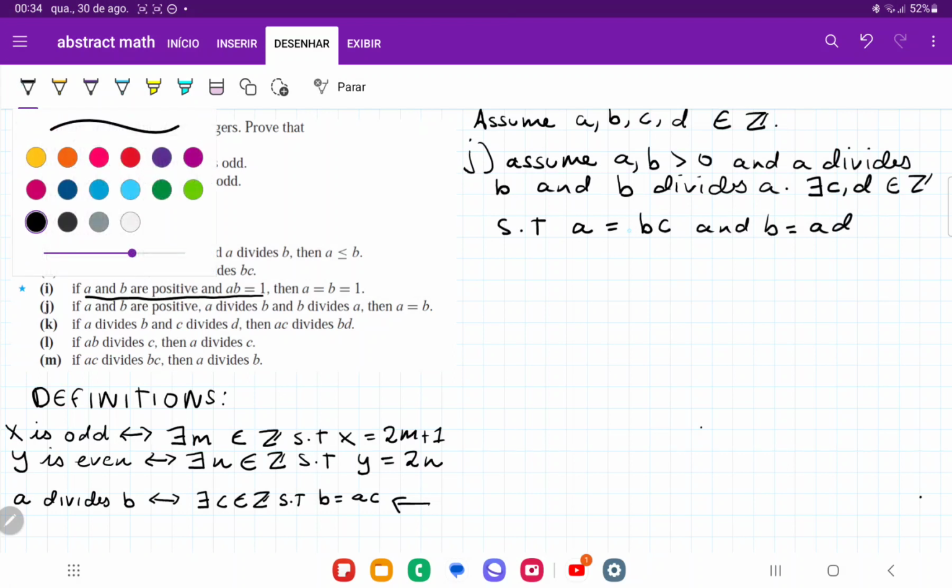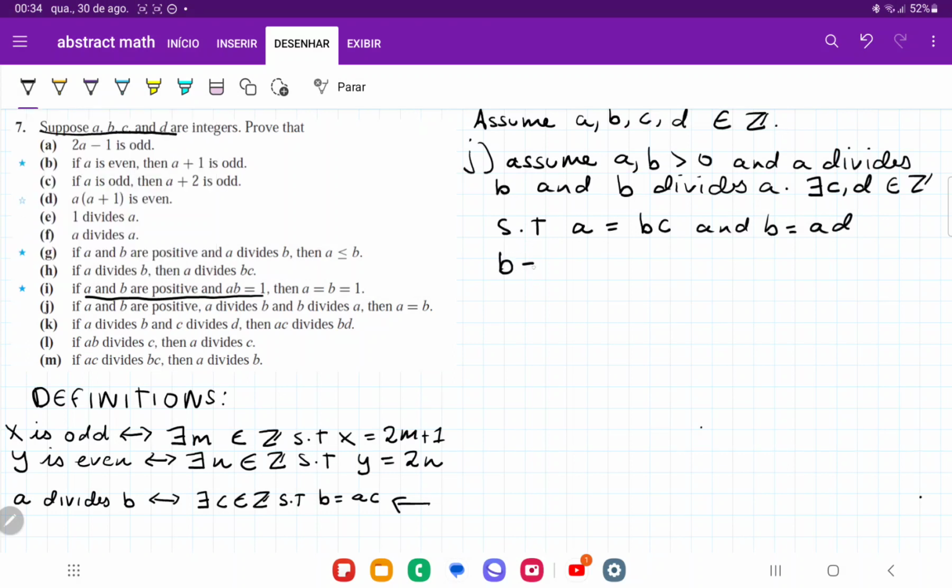And so if A is equal to BC, it's going to mean that B is equal to A over C. Well, if B is equal to A over C, when we substitute this in here, it implies that A over C is equal to AD, right?